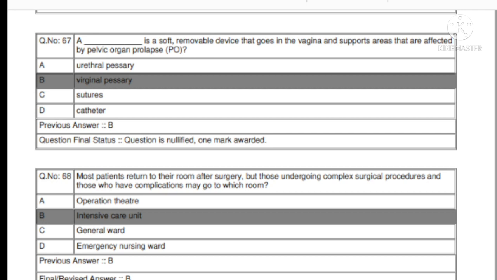This question was actually nullified because its answer should be vaginal pessary, and we thought it is the B part which I have marked, but later on it was found that its spelling was wrong. They have wrongly mentioned it as virginal pessaries, so this question was nullified. A vaginal pessary is a soft, removable device that goes in the vagina and supports the areas that are affected by pelvic organ prolapse.